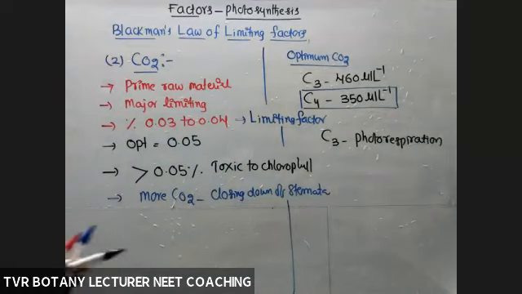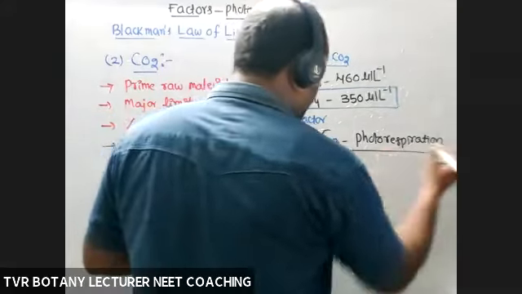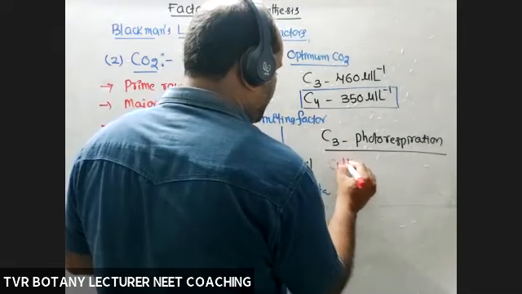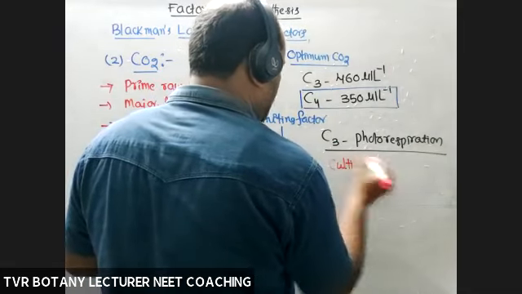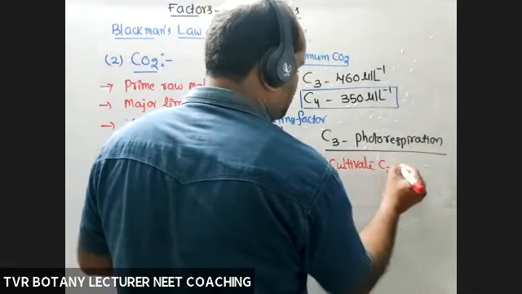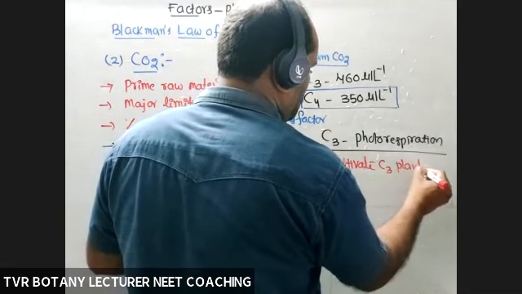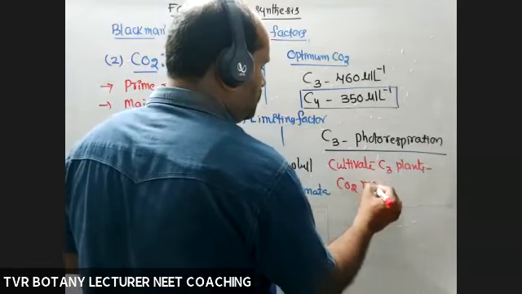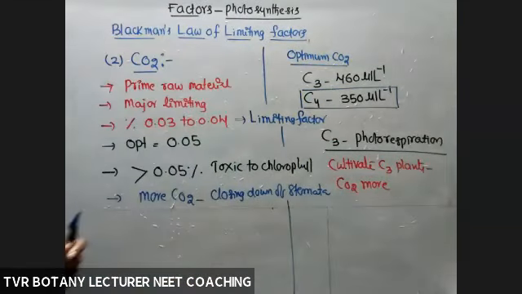So that's why we have to cultivate C3 plants in the area which is enriched with more CO2 content, to prevent photorespiration.